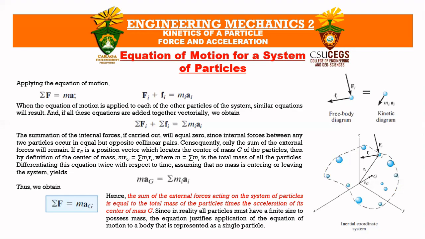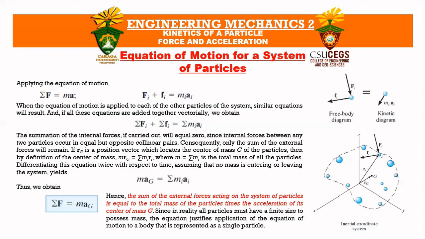So in general, the equation of motion for a system of particles is the expression enclosed by a box: the summation of all forces, which are the external forces, is equal to the total mass of all the particles times the acceleration of its center of mass g.